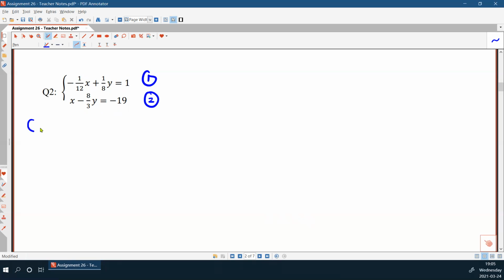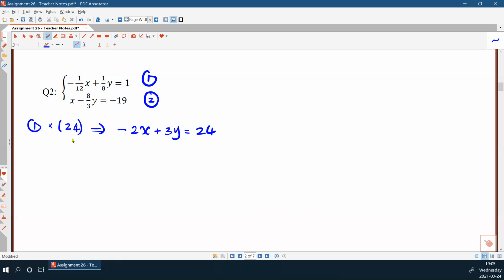So for the first equation, you can times 24 to both sides of the equation, right? So this will give us minus 2x plus 3y, right? Equals 24.